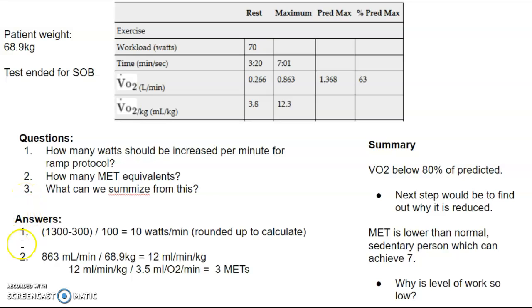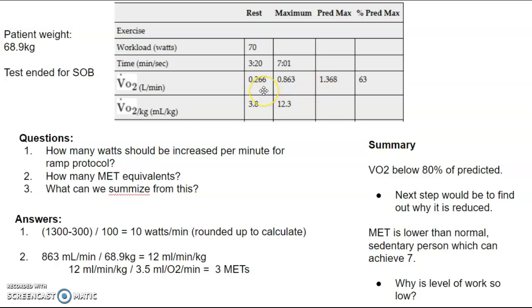So first of all, let's try and answer the first one. How many watts should be increased per minute? Well, if you remember how we determine our ramp protocol, we take our predicted max VO2, which in this case is 1.368, or about 1,300 milliliters.